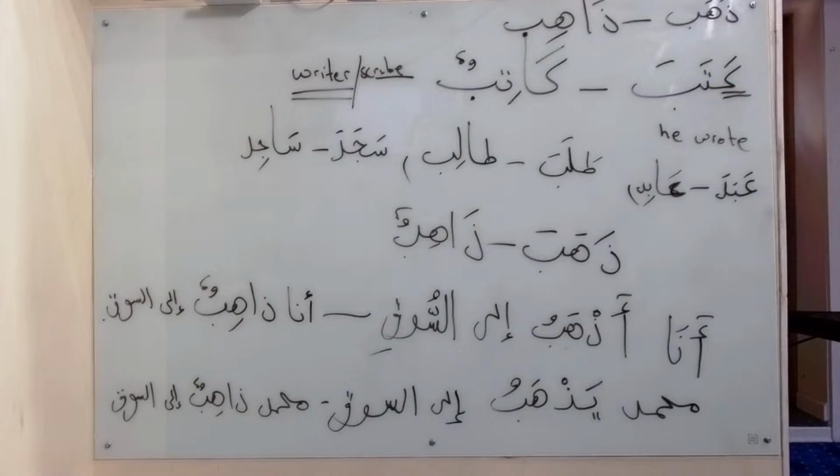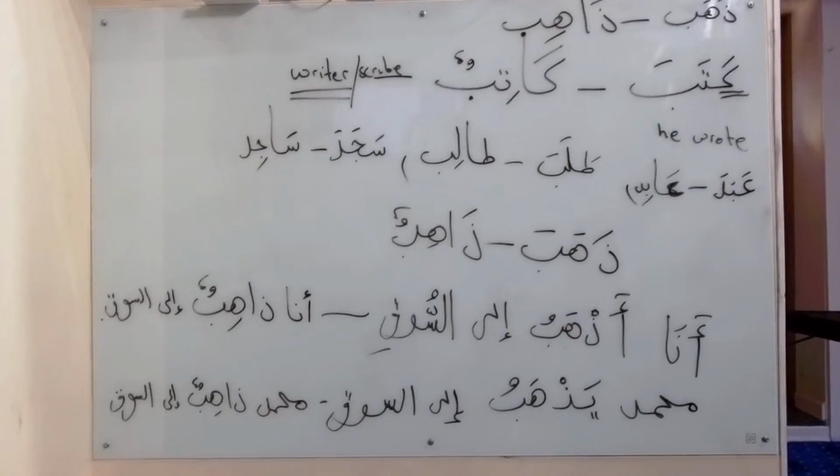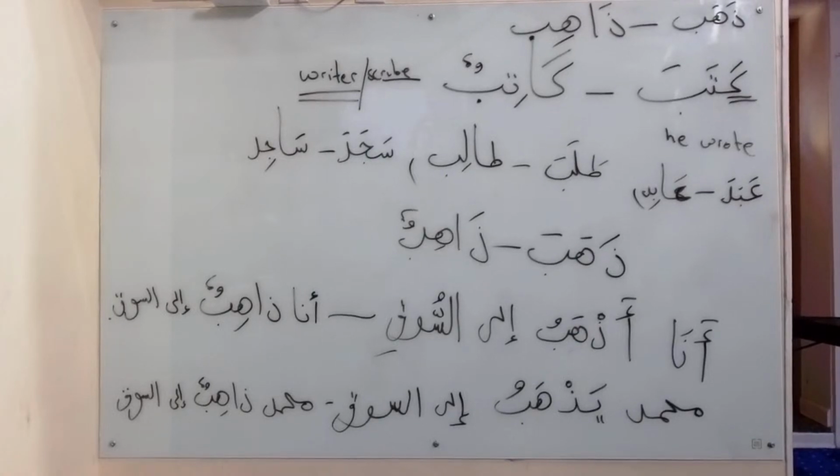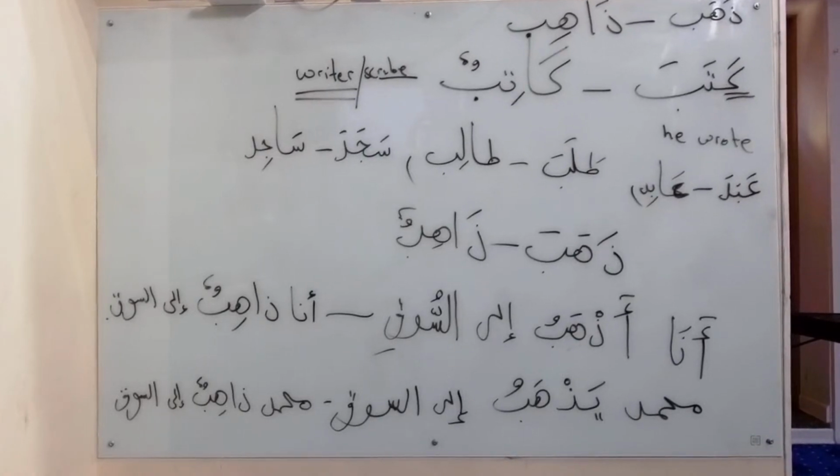What was the first one again? What was the meaning? I am going to the market. Ana dhahib ila al-suq. Ana adhhabu ila al-suq is the same as Ana dhahib ila al-suq.